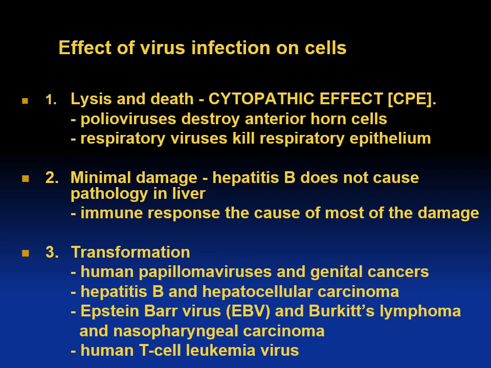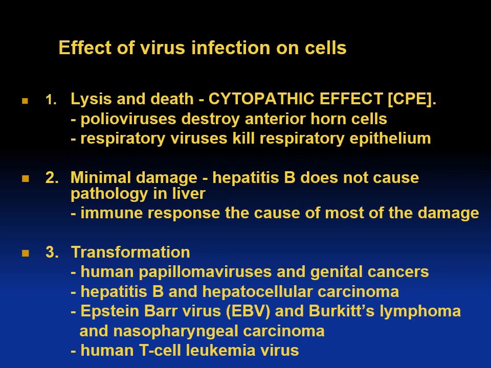Now, the third effect of viruses is what we call transformation, meaning that the cells which have been infected by a virus are transformed from normal cells to abnormal cells, i.e., they become cancer cells.